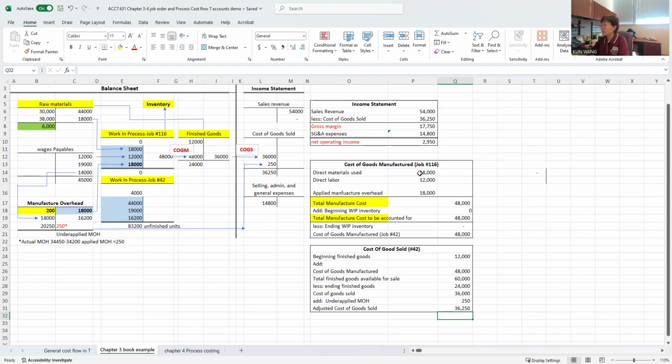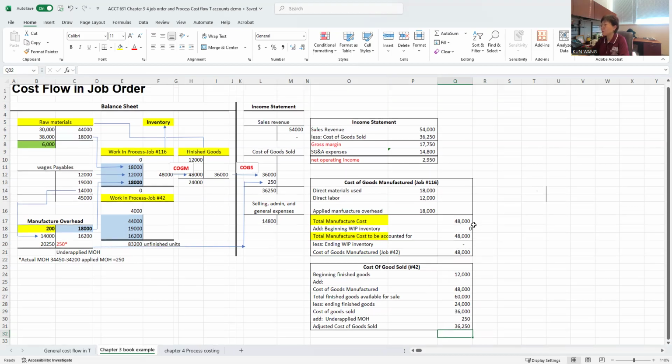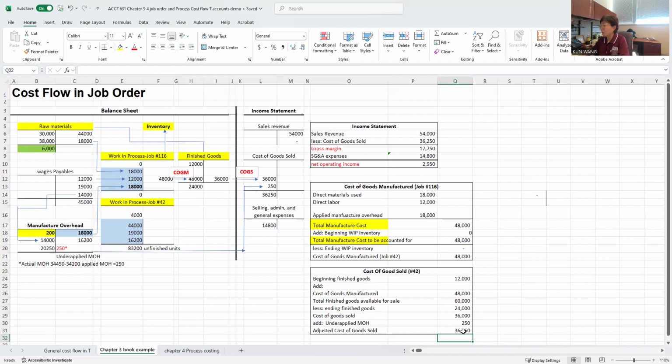These two are internal cost reports. And then we'll add this number to the income statement, which we offer to external users. So external users see a brief summary of the income generation, like the performance report, sales revenue, and matching the cost of goods sold, right?